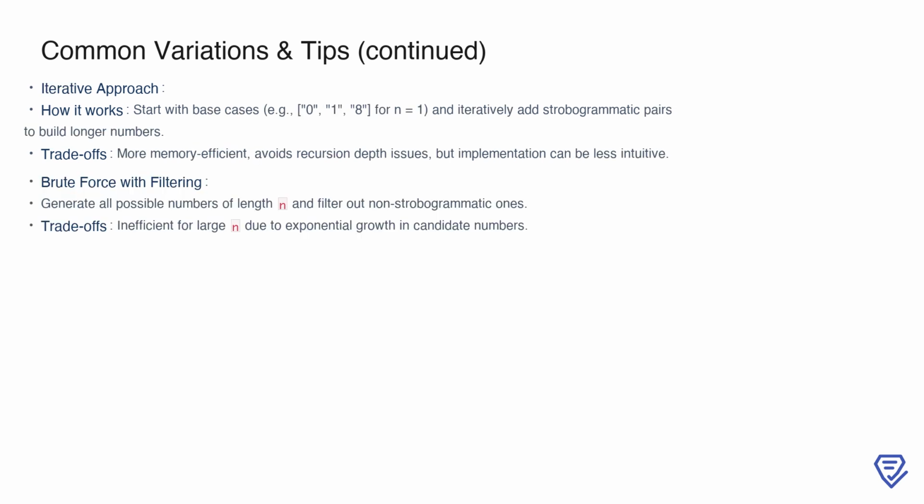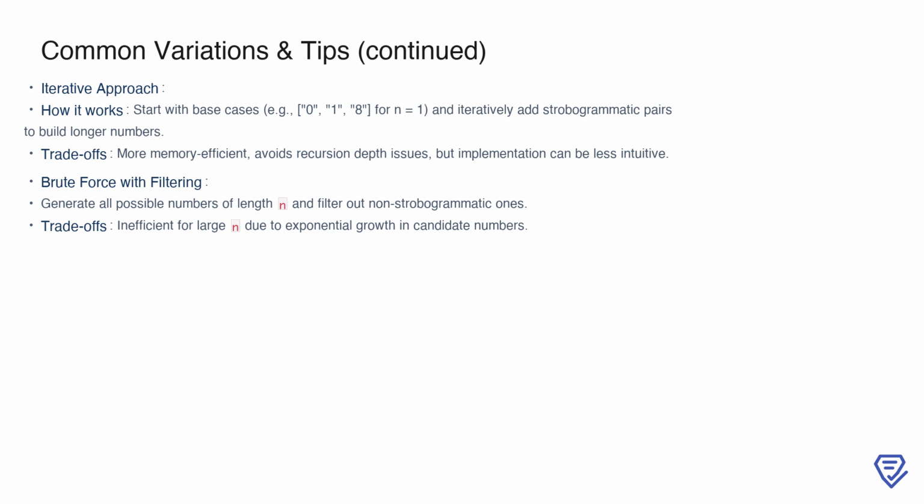Another viable method is the iterative approach. Here, we start with the base cases, such as 0, 1, 8, for n equals 1, and iteratively add strobogrammatic pairs to build longer numbers. This avoids the recursion depth issues seen in the recursive method, making it more memory efficient. However, implementing it can feel less intuitive since it requires careful bookkeeping of intermediate results.